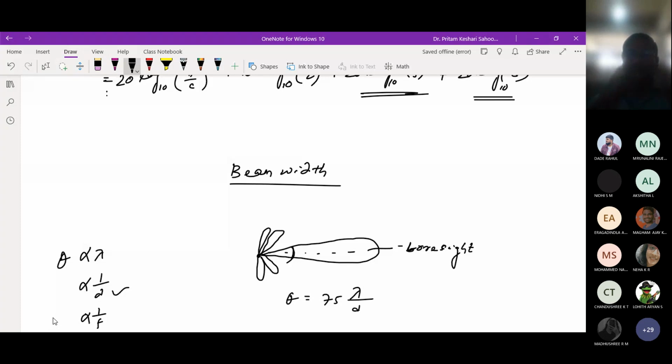But if you want to receive from multiple directions, that means if this is your antenna and the satellite is somewhere here, if you want to get the signal from the satellite in this direction, then the antenna should have a larger beam width.